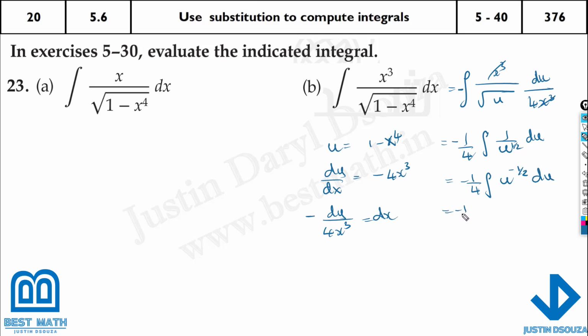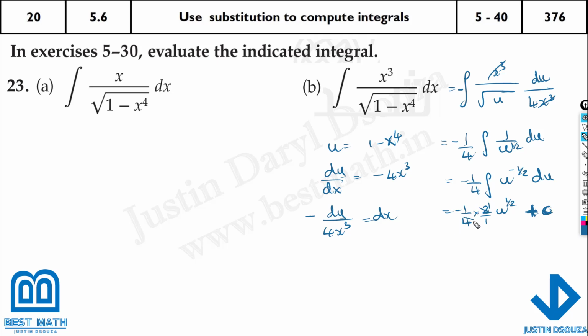Let's solve it. It's minus 1/4. And what is this? It'll be u power half, isn't it? Why? Because minus half plus 1 is half, divided by half, which will be multiplied by 2 by 1. You don't need to write 2 by 1. You can just write 2. That's enough. Plus c. It's not du anymore. It'll become plus c. That is the integration constant.